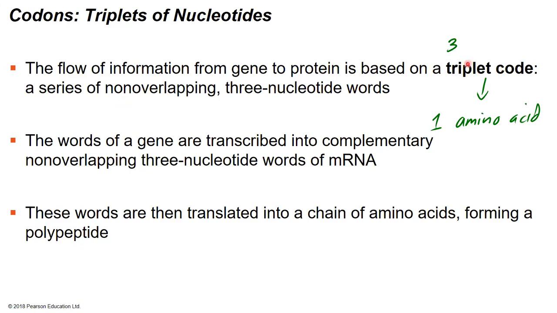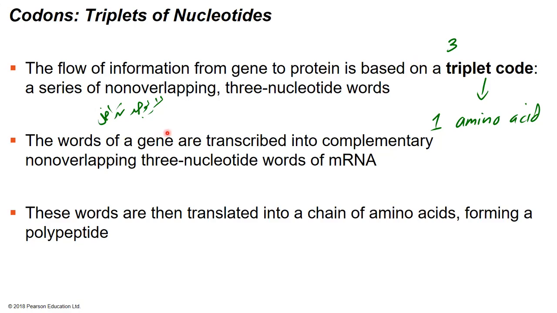So the triplet code is a series of non-overlapping 3 nucleotide words, okay?